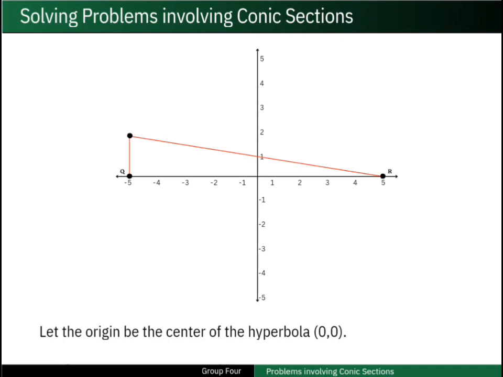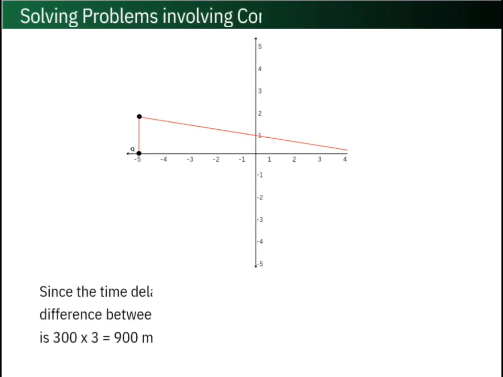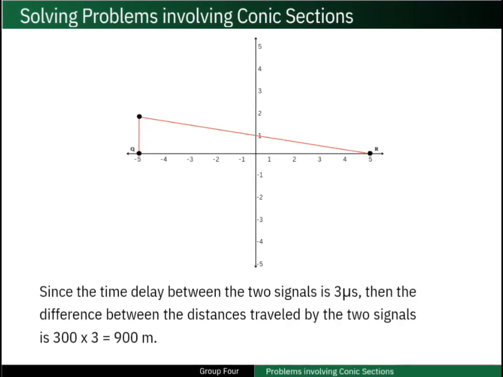Let the origin be the center of the hyperbola. Using the given speed of the radio signal, 300 meters per microsecond, and knowing that the time delay between the two radio signals of the towers is 3 microseconds, this implies that the radio signal traveled 300 times 3 equals 900 meters.